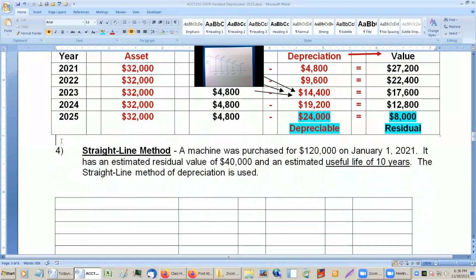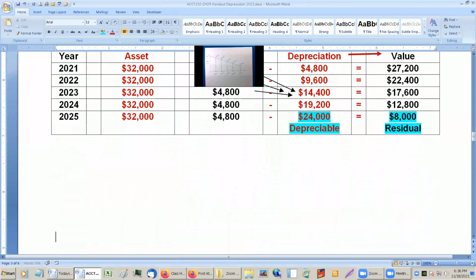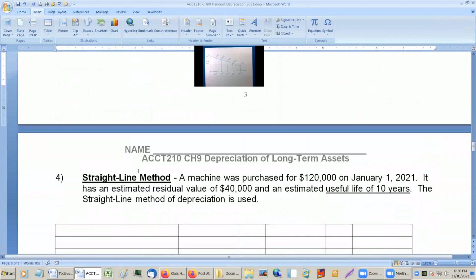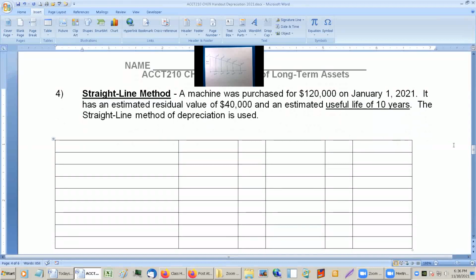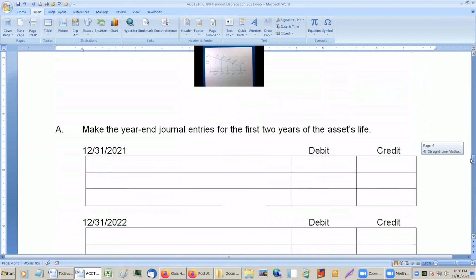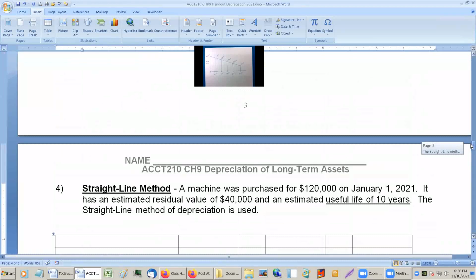Okay, let's go to page 4, problem 4. I'll be as quiet as I can, and see if you can figure this one out. This thing's going to last for 10 years.